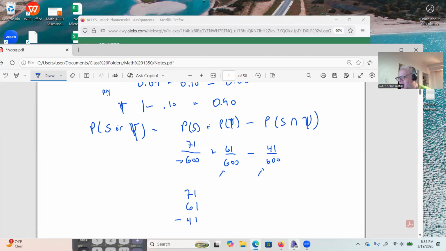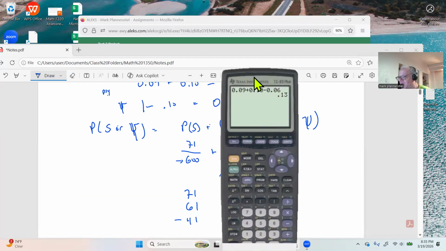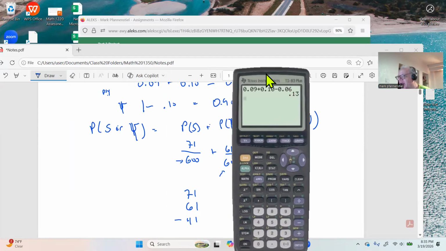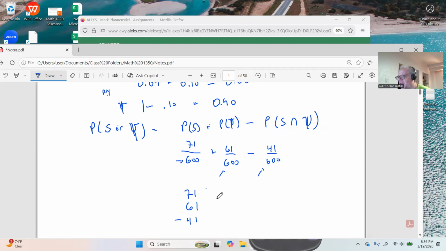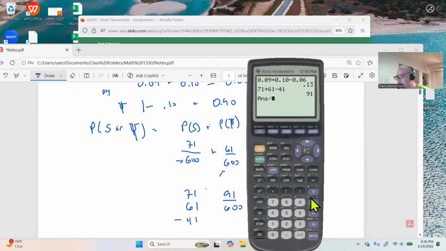I'm going to do the numerators first, and then we'll figure out the denominators. We have 71 plus 61, minus 41. So we end up with 91 over 600. We divide by 600, enter, and we have to go to four decimal places.